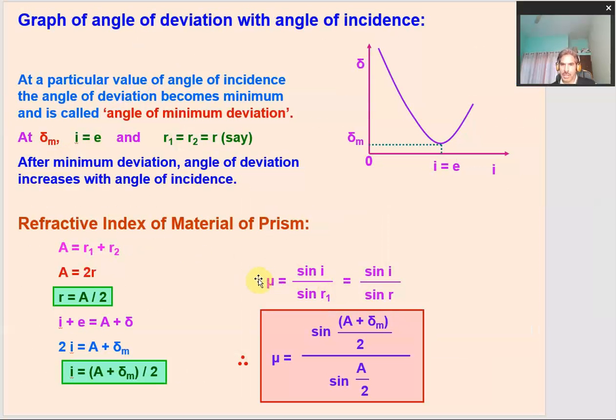So it is simply mu, the refractive index of the material of the prism, because the refractive index of air is 1.